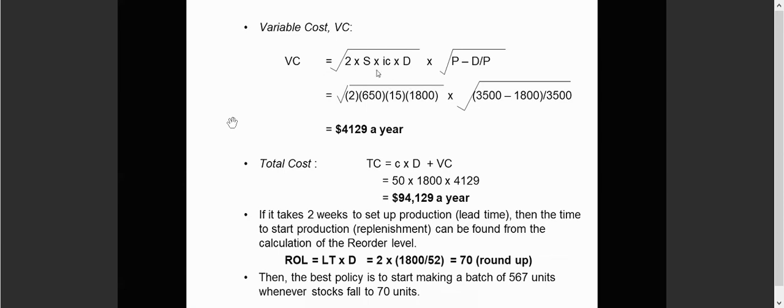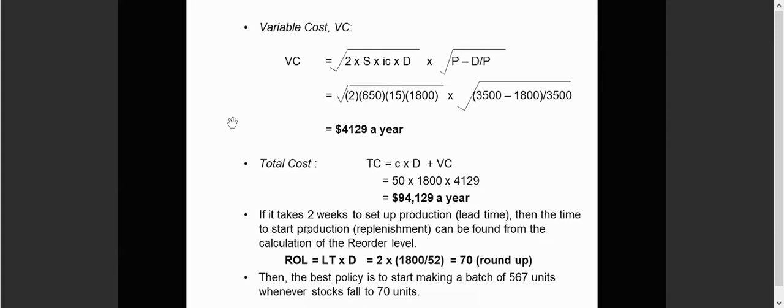And for the variable cost, based on this formula, we complete the solution, and we have the total cost for this problem at 4,129 a year. The total cost which includes the fixed cost of unit price multiplied by the demand is 94,129 a year.